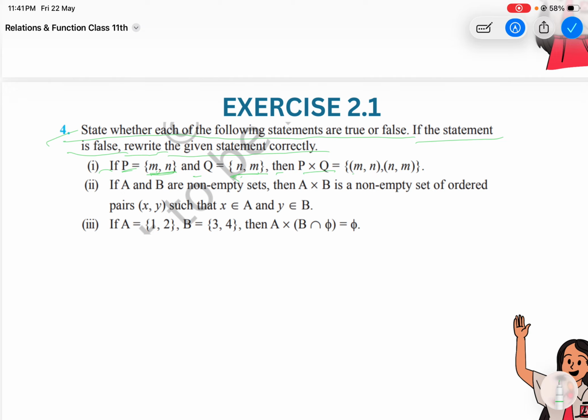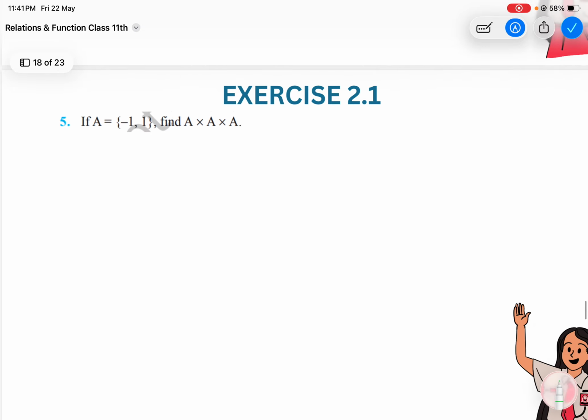Okay, while you are thinking, let me move to question number 5. The question number 5 is saying if A equal to {−1, 1}, find A cubed. We have already seen how to solve this, right?